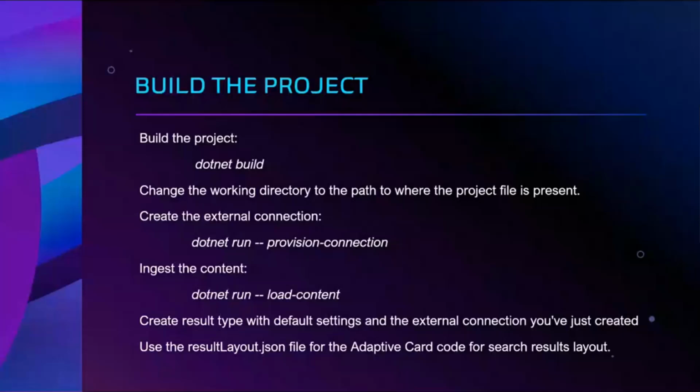Building the project, all of us know, I believe, dotnet build to build your project, and then dotnet run provision-connection command to create the external connection, and then ingesting the content to Microsoft 365 by running this commandlet in the console app, dotnet run load-content.